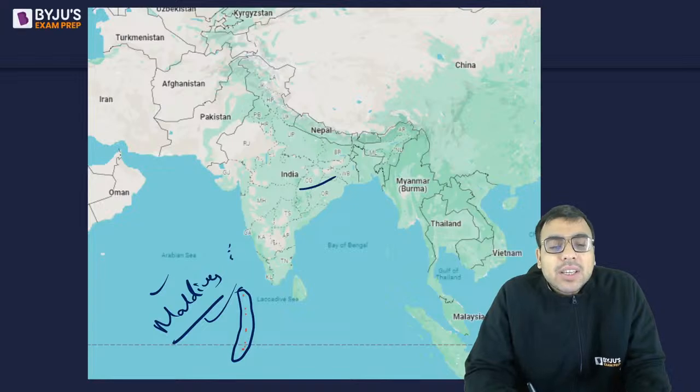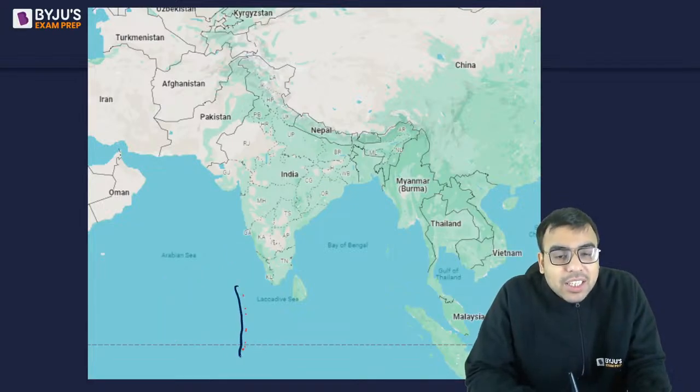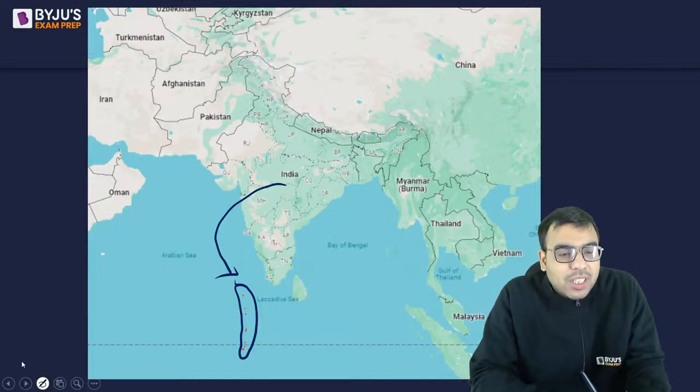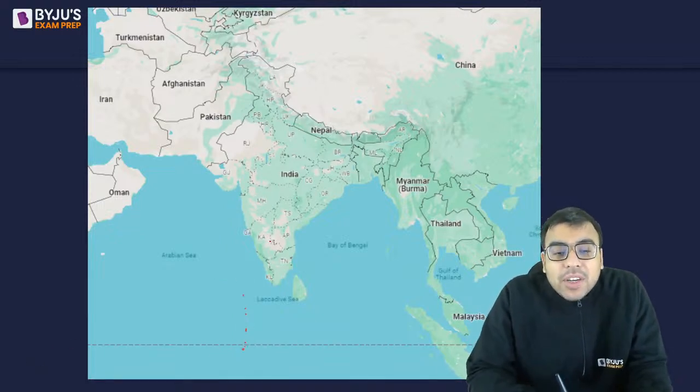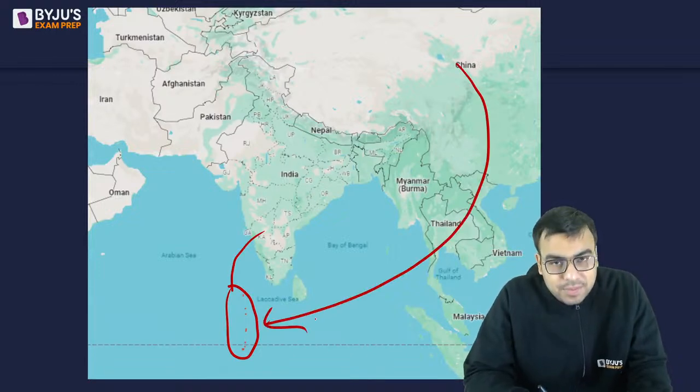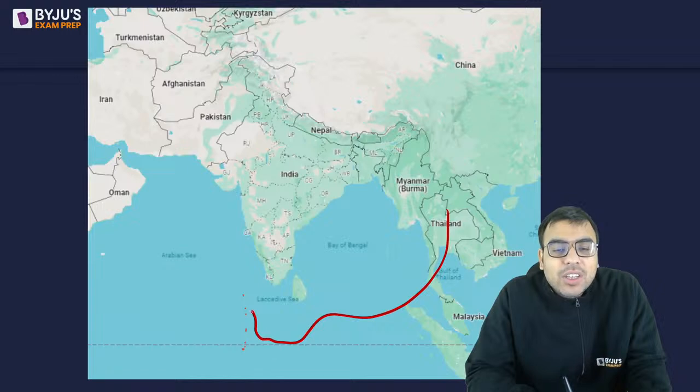Now the issue is, look, we should have a good relation with Maldives. Ideally, we should have a good relation from a foreign policy point of view. Why? Because if we do not have good relations with Maldives, most likely China will utilize this. China will allow its ship. Now look, this is very close. It is very near to India.